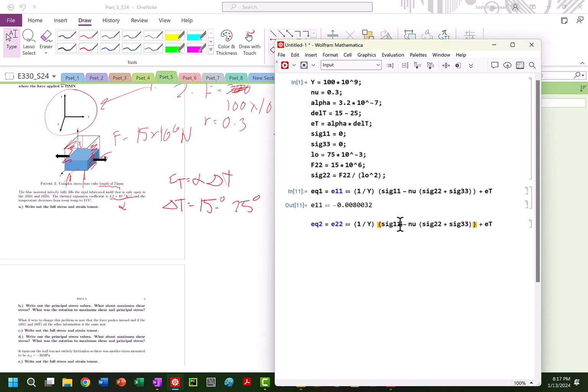So this is actually a very nice problem. We're just setting it up, generally speaking, as so. And then EQ3 equals E33, set equal to 1 divided by Y times sig22 minus nu times sig33. Actually, I should just be attaching that in here.